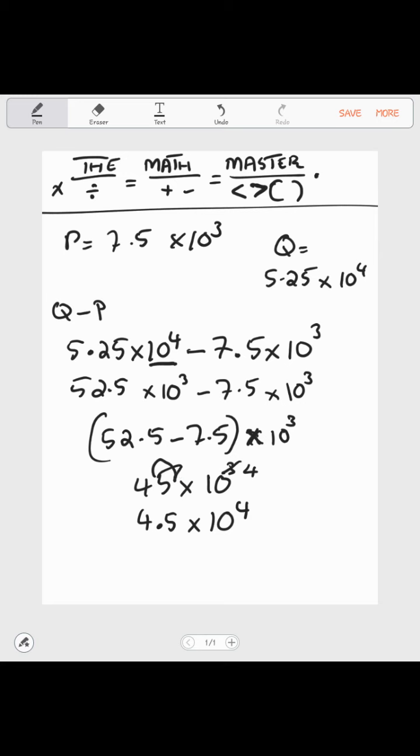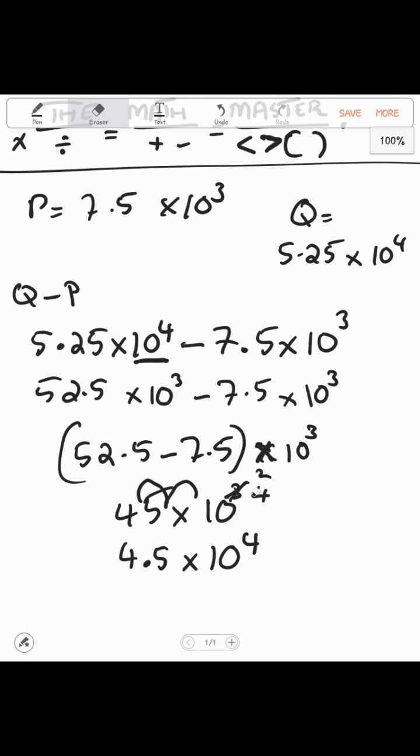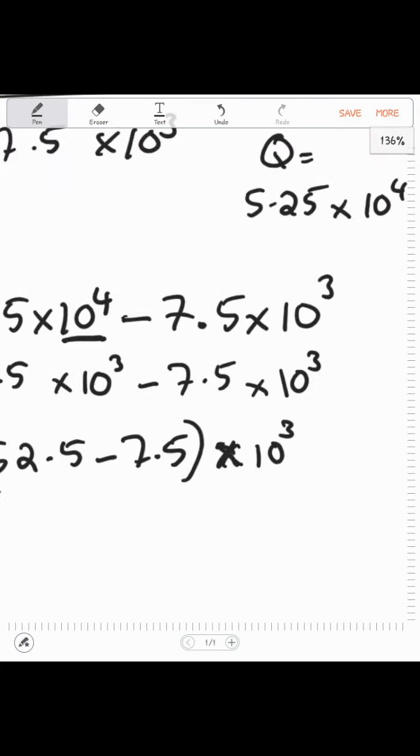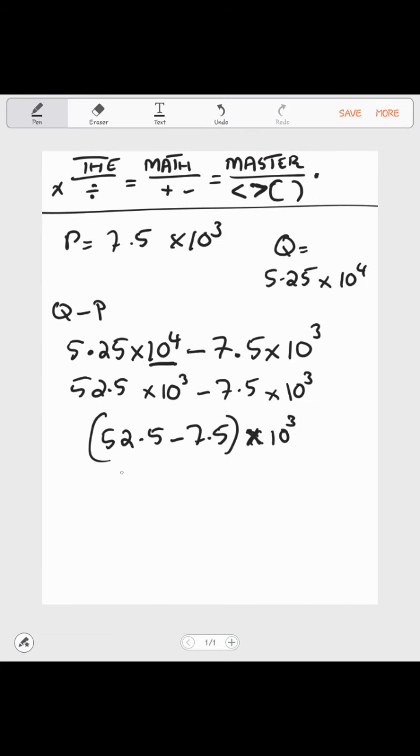Because if we shift the decimal the other way, 1 zero would have been decreased and 3 would have gone to 2. As you can see, I closed it up for you, and now the answer would become 4.5 into 10 to the power of 4.